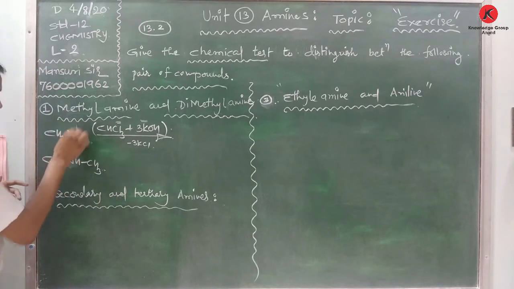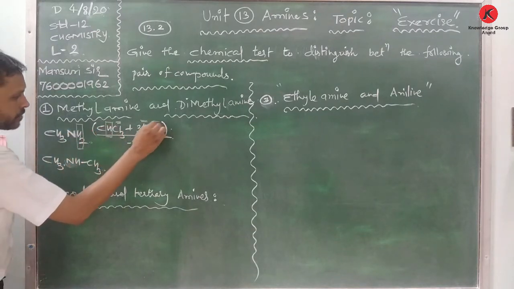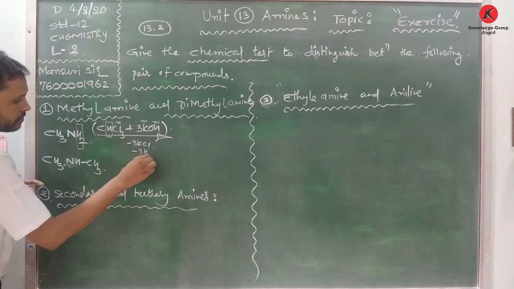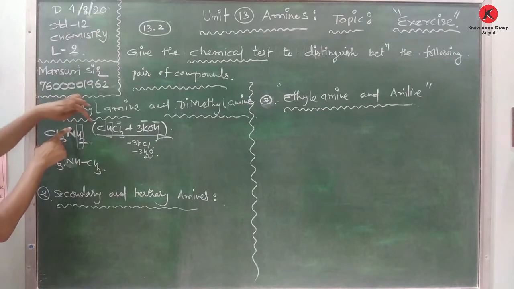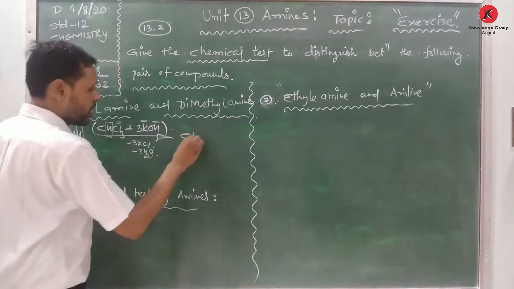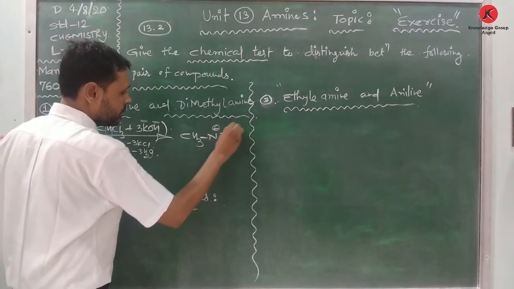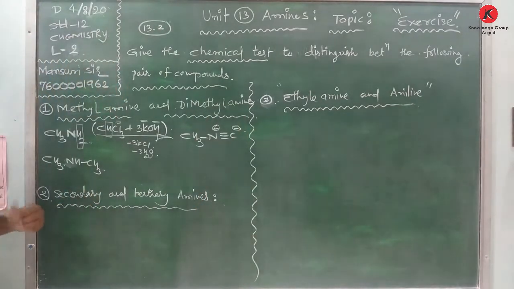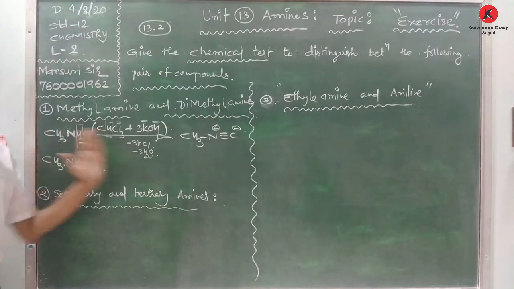Here the 2 hydrogens of the amine and 1 hydrogen of chloroform are removed with 3 hydroxide, which means 3 water molecules will also be removed. So only N and C will remain. That is why CH3 with N triple bond C is obtained. So we can say that primary amine gives the carbylamine test.